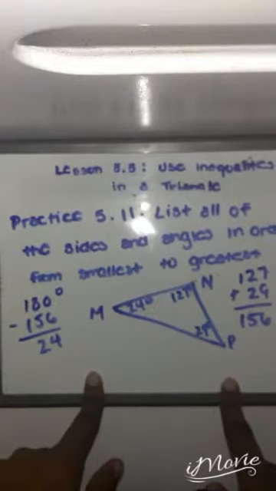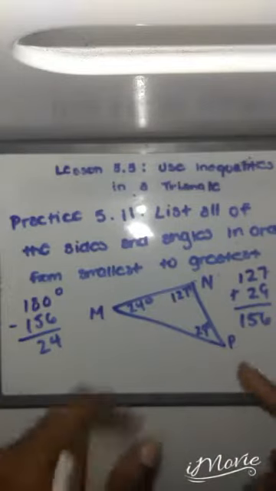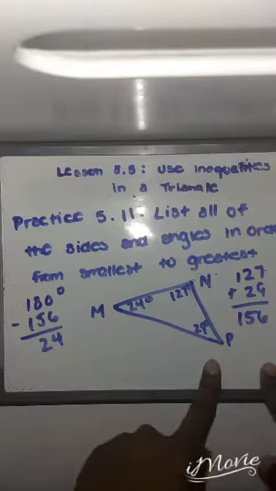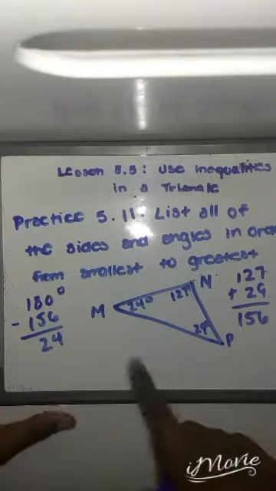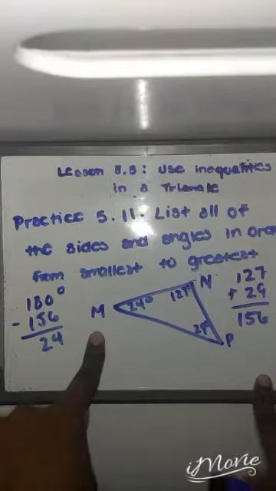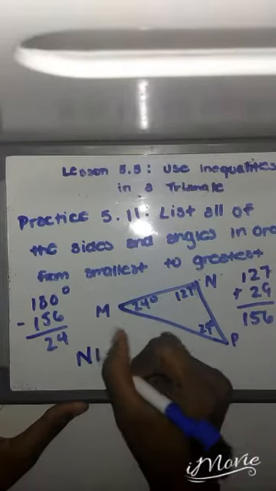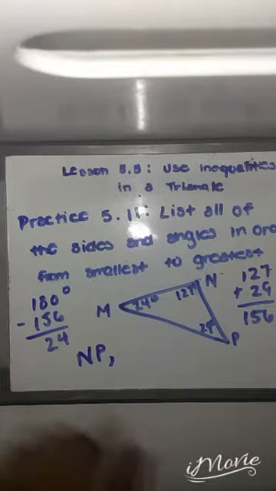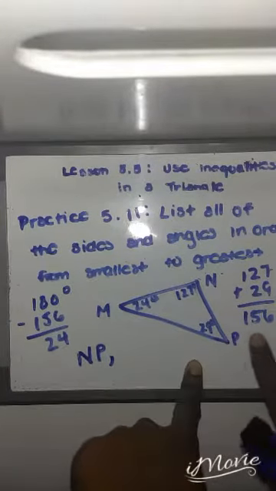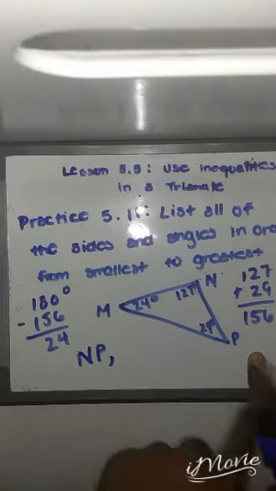Now that we've deciphered all the angle measurements, we can determine which side lengths are longer and which ones are shorter. From this theorem, the shortest side length will be opposite the smallest angle. So we can assume that because NP is opposite angle M, then NP would be the shortest side. The second biggest angle is angle P. That would mean the side length opposite would be the second largest.